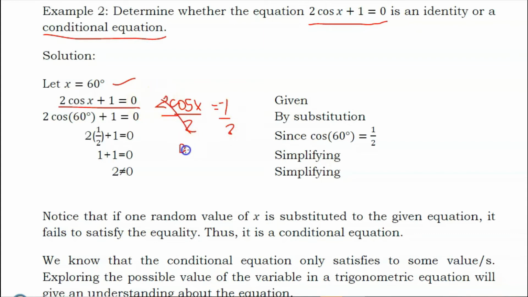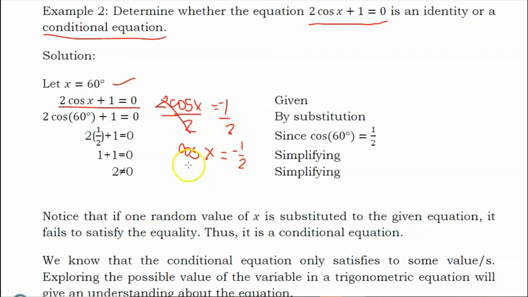Therefore, cosine x is equal to -1/2. Our concern here is to find the values of x, not the cosine x. So we're just going to identify the values of x whose cosine is -1/2.